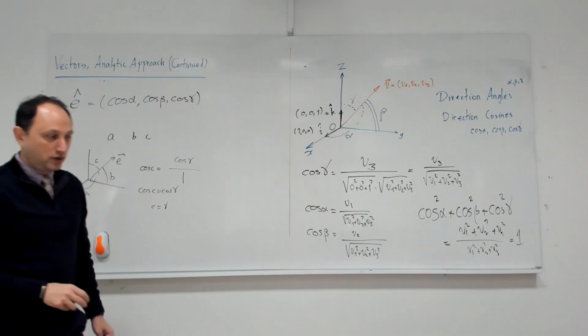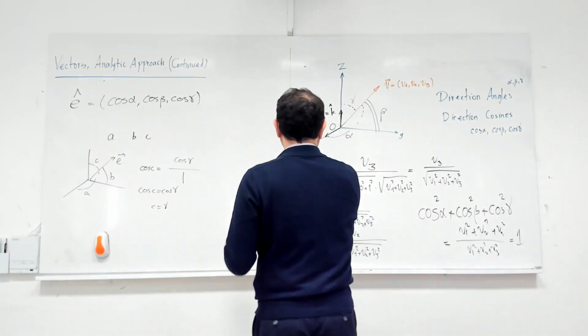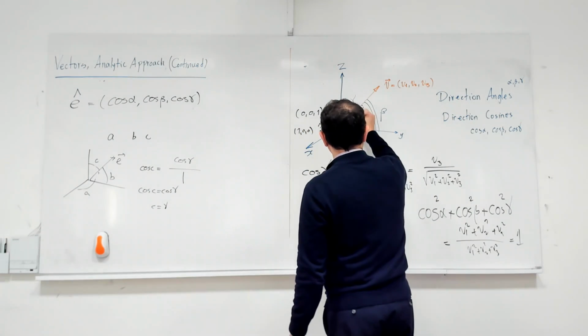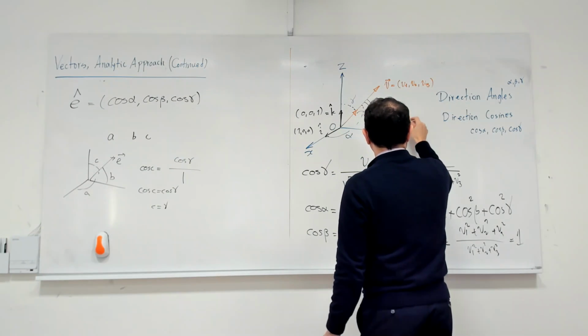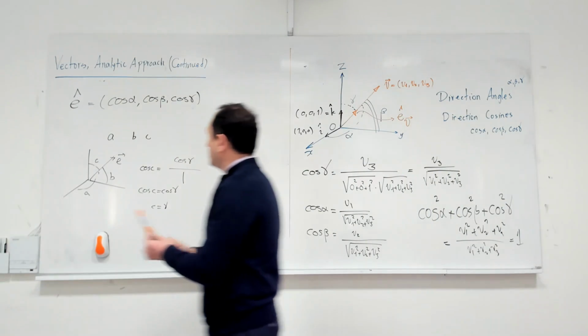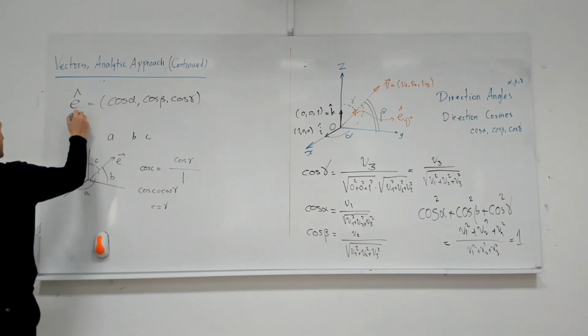So if I make that vector the unit vector here, that is nothing except E of V. So this is the V vector. You can write it as a remark.